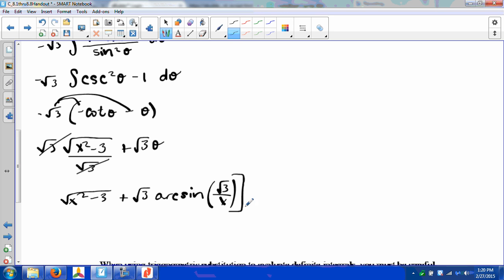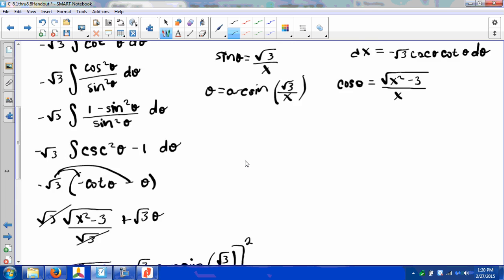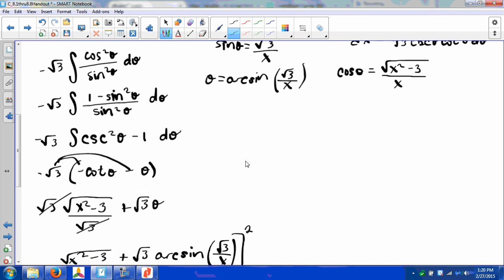So this is root 3 to 2. Right? Root 3 to 2. Yes.